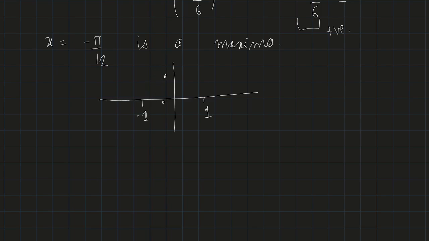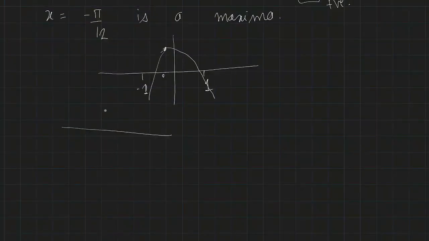There are no other critical points between -1 and 1, so it can only behave like this, or it could even be like this. I don't know. So I want to know the behavior at this point.